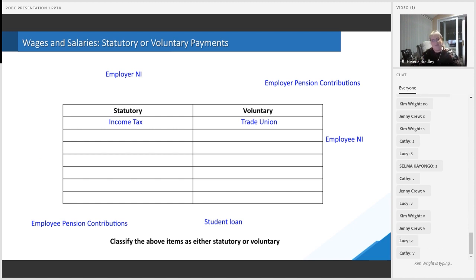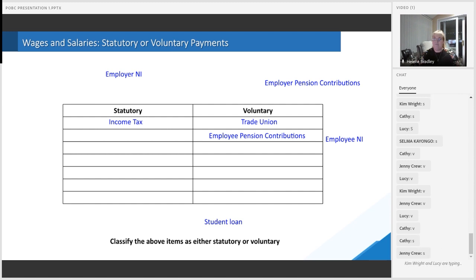Absolutely, I think the government would say they'd like us to, but it is voluntary. It's something you can opt in or opt out of. Perfect, well done. What about employer NI? Do they have to, or can they opt in? No, absolutely, it is statutory.